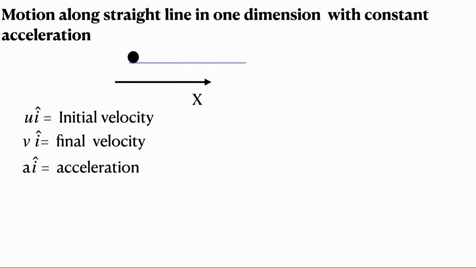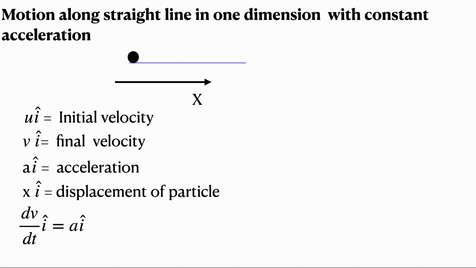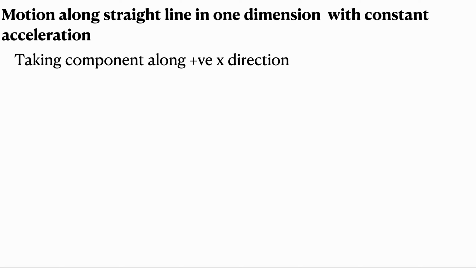So we can write vector u equals u i cap, vector v equals v i cap, vector a equals a i cap, and the displacement of the particle x equals x i cap. Using the formula of acceleration, a equals dv upon dt, taking the component along x direction, we get a scalar equation a equals dv upon dt, and again dv equals a dt.